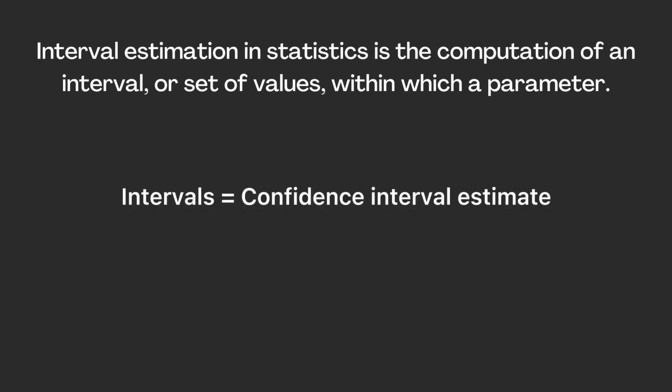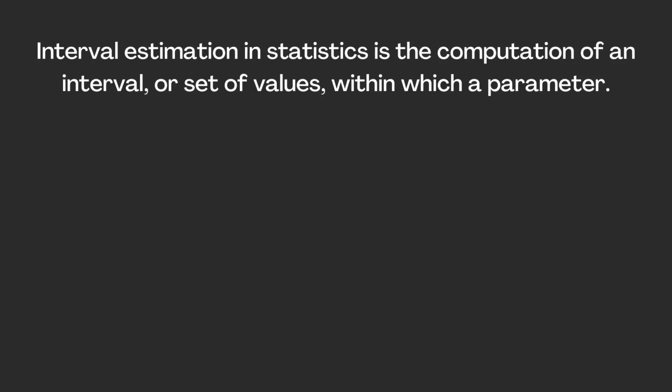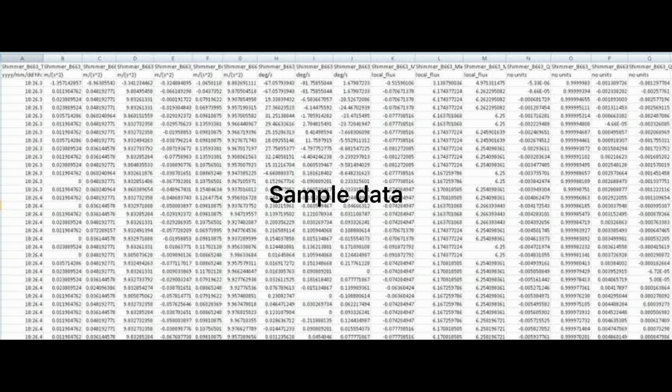As a result, the intervals are referred to as confidence interval estimates. Upper and lower confidence limits are the endpoints of such an interval. In comparison to point estimation, which is a single number, interval estimation uses sample data to measure an interval of possible or probable values for an unknown population parameter.